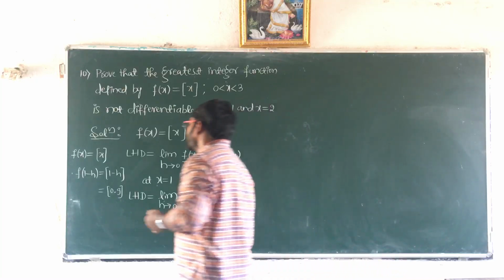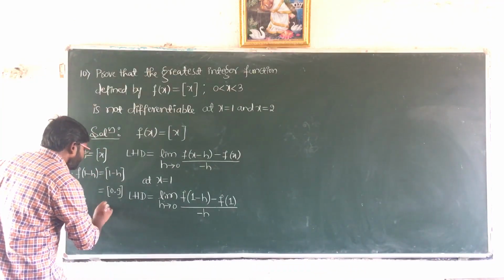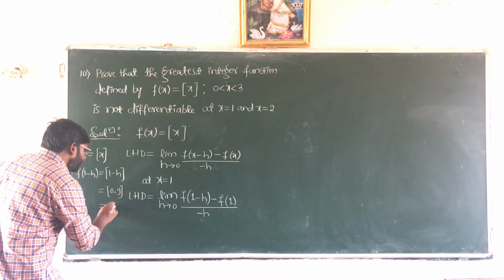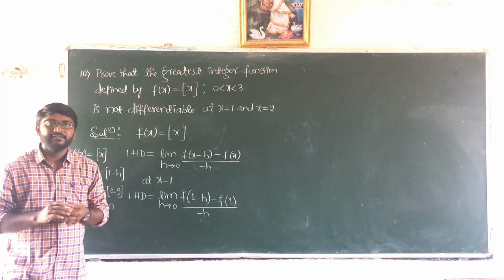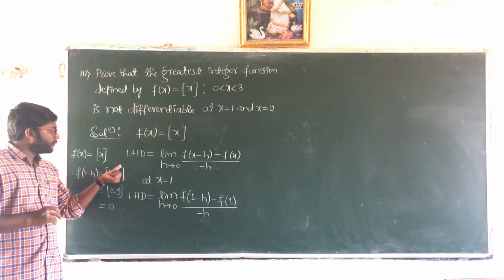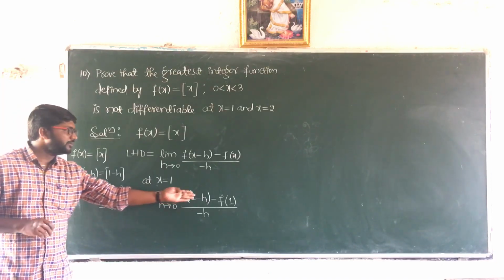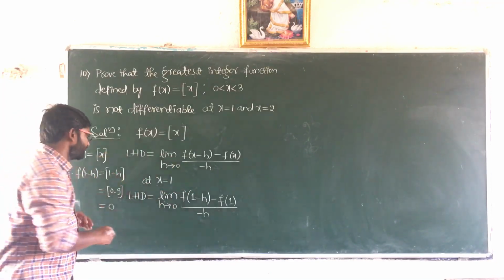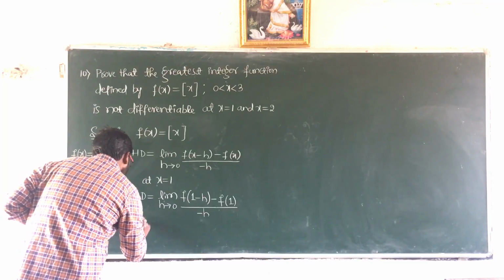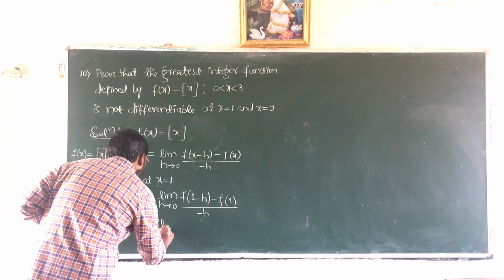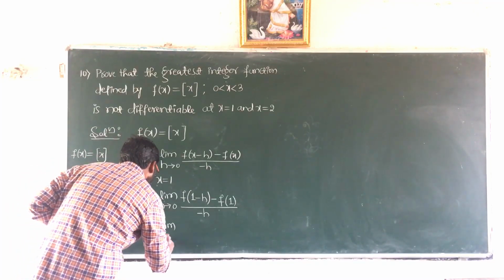So greatest integer 0.9 will round it off to 0. Is that clear? Now greatest integer 1 minus h value is 0. This we will have to substitute here. So now LHD is equal to limit h tends to 0.